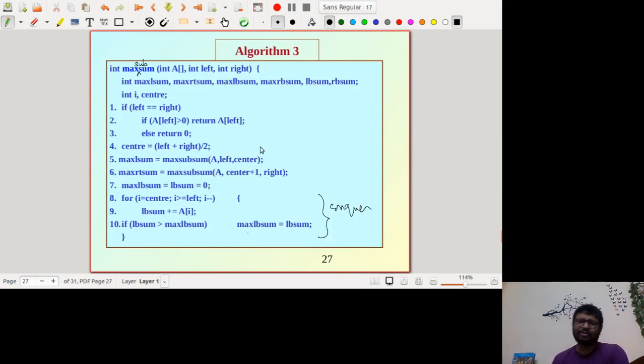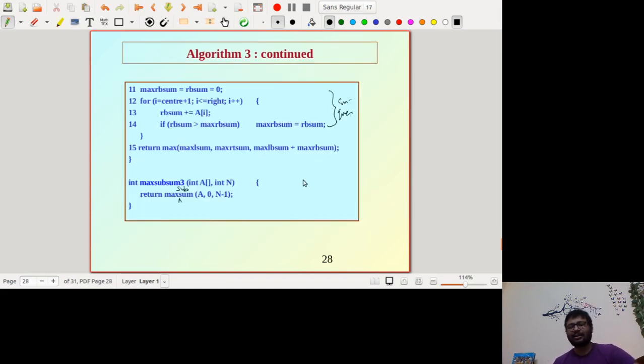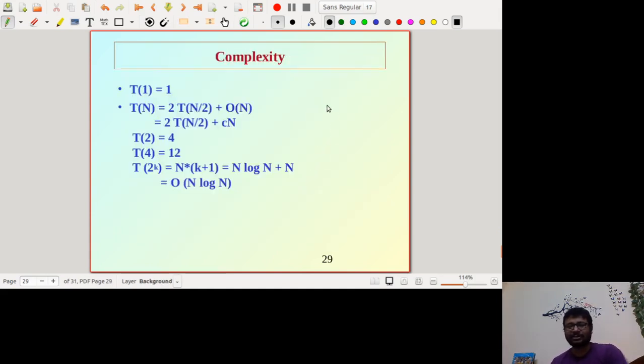So the total amount of time you spend is proportional to the total number of elements in the array, which is n. So you will say that the total amount of time in the conquer step is some constant c times n, which is what you see here.